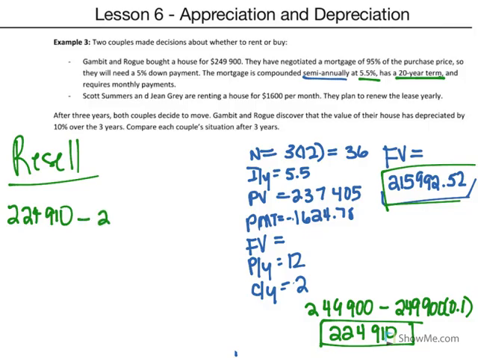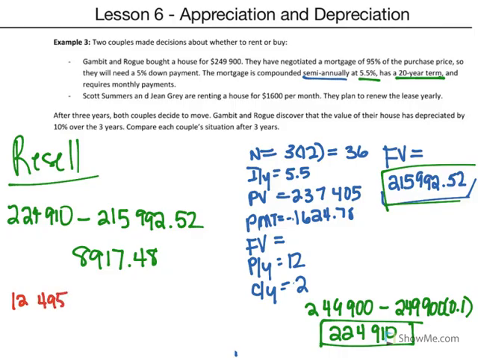So we're going to have to minus the $215,992.52 because that's how much we still owe the bank. So when they sell the house, they're going to come out of this with $8,917.48.